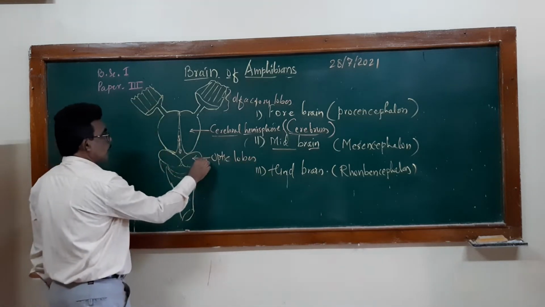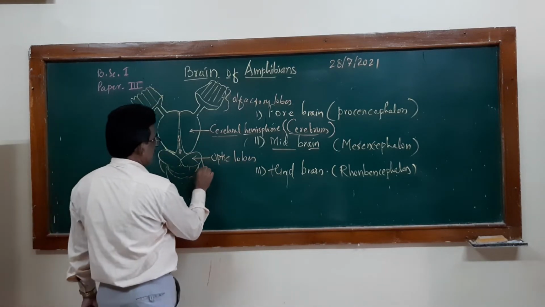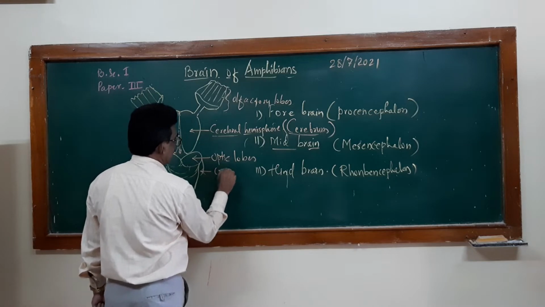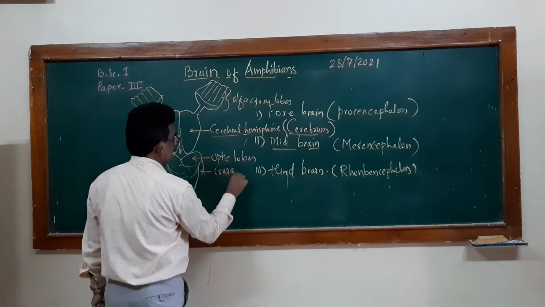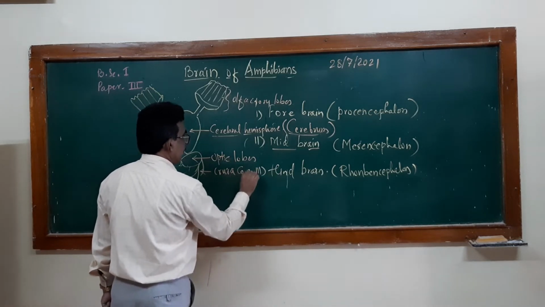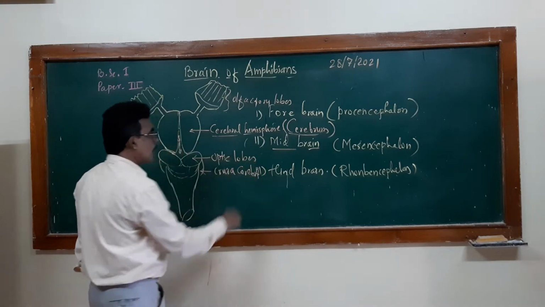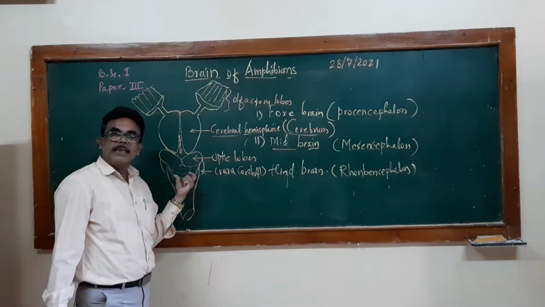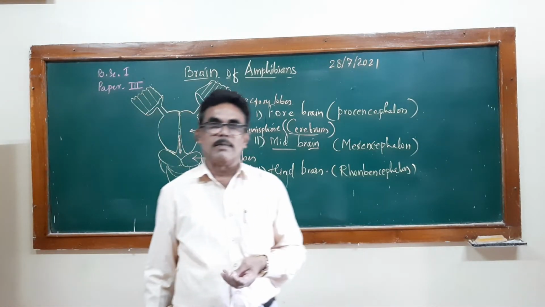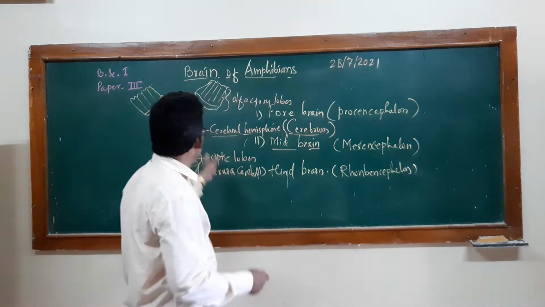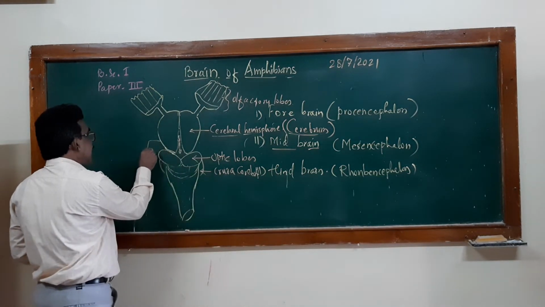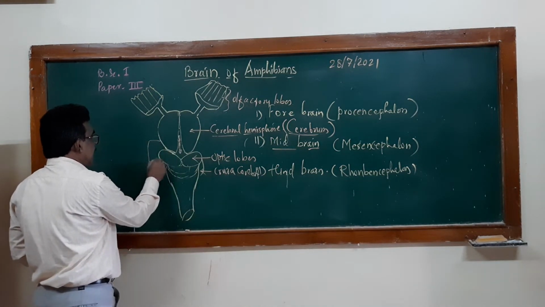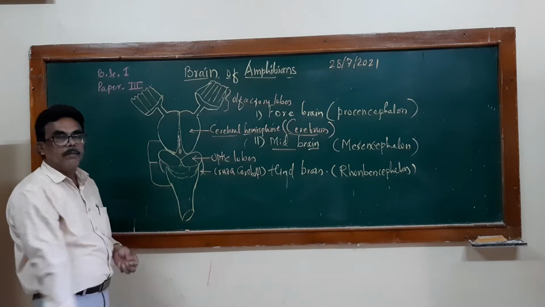and the crura cerebri. So this crura cerebri is concerned with a muscle band that connects the forebrain with the midbrain and the hindbrain.